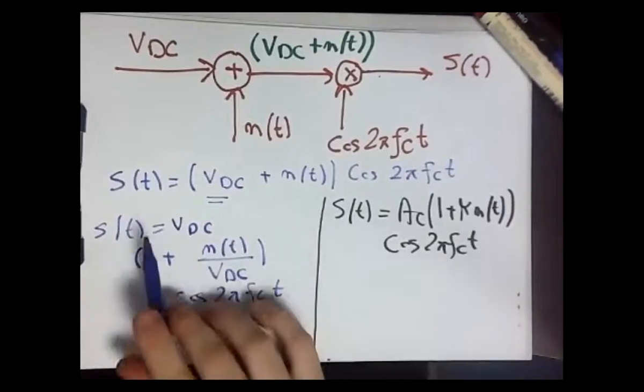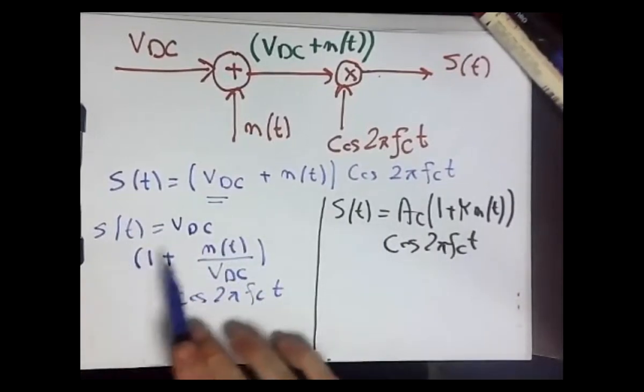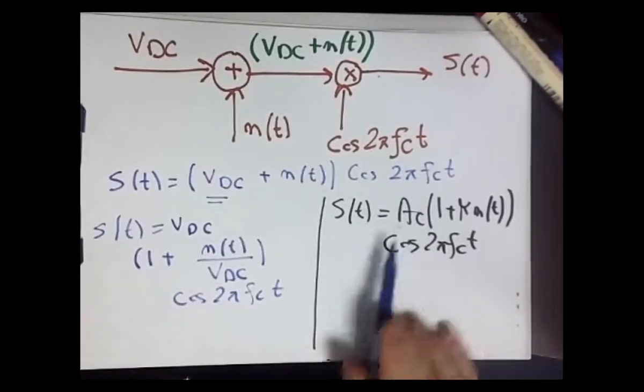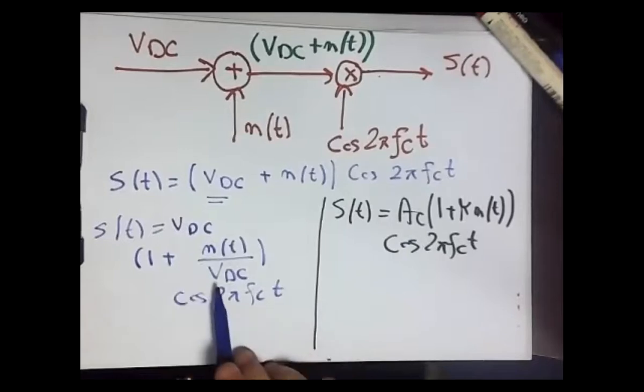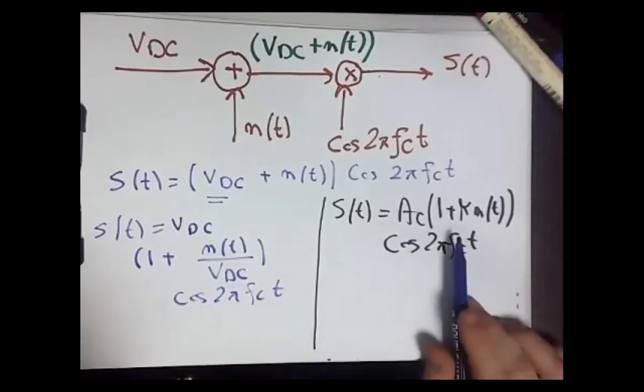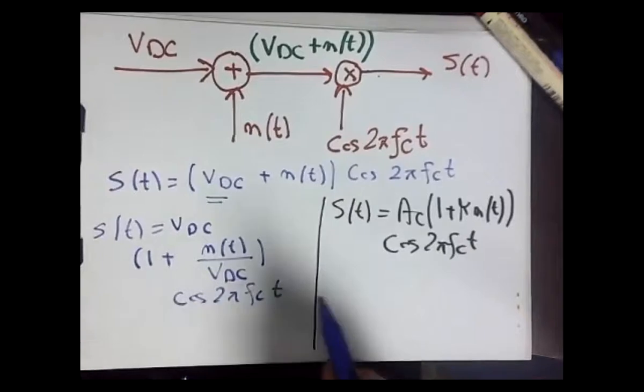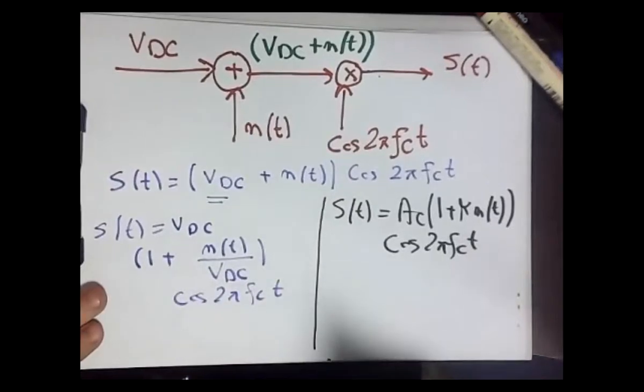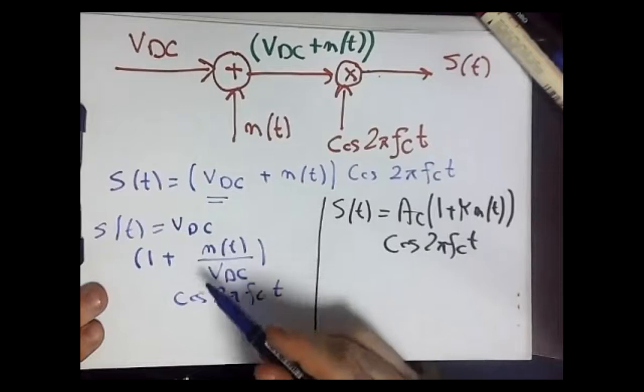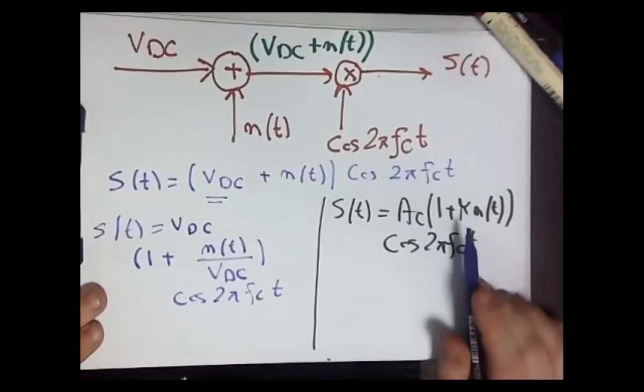Now, more and more closely, this VDC corresponds to this AC, and this 1 over VDC corresponds to K. So, for example, if this M of T is Vm cosine 2 pi fm t, then the ratio Vm over VDC will be K.